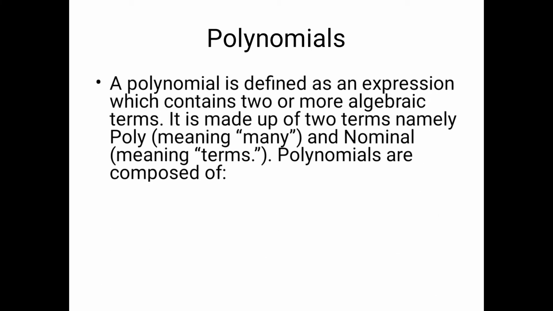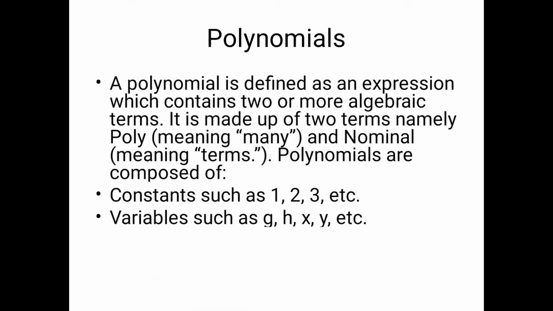So first of all, in the introduction of polynomials, we have the definition. It is very clear from the word polynomial: poly means many and nomial means term. So in polynomials we have many terms, and these terms contain constant terms like 1, 2, 3 and variables, any variable or literal numbers like g, h, x, y, and exponents also, as we have some power in the variable.